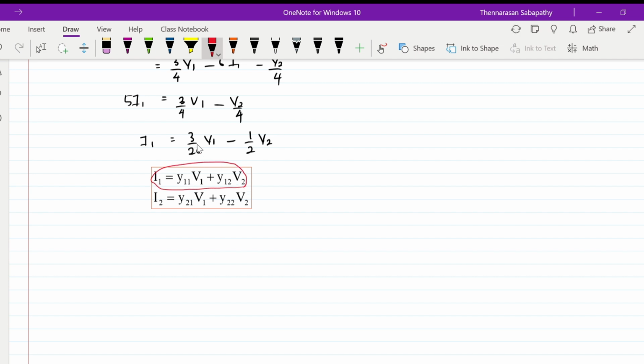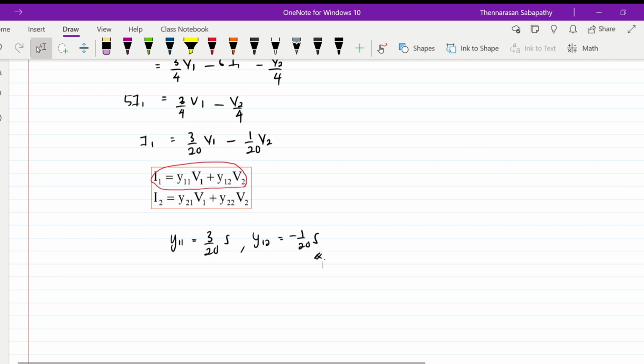So by comparing, y11 is actually 3 over 20, and y12 is actually negative 1 over 20 siemens. So done.